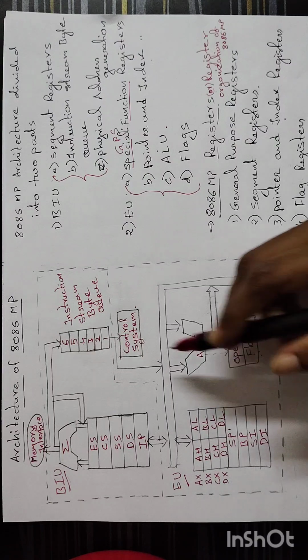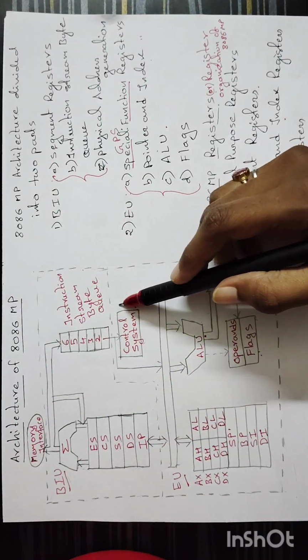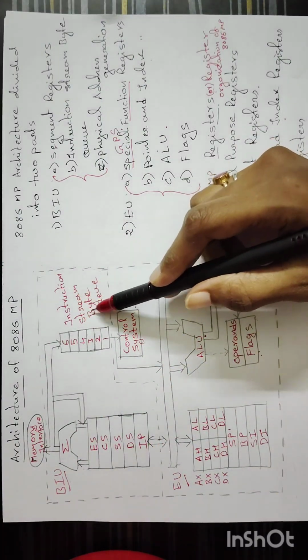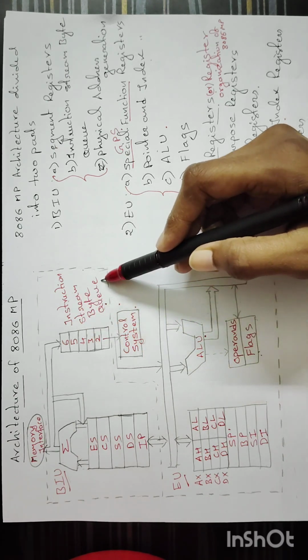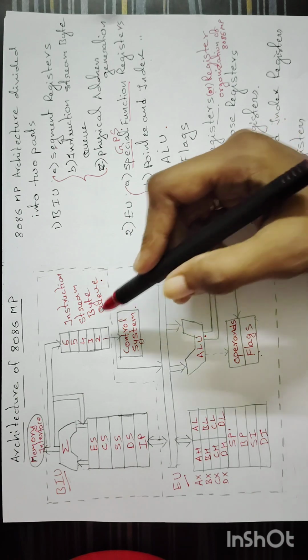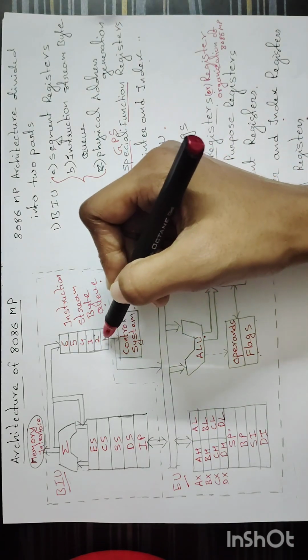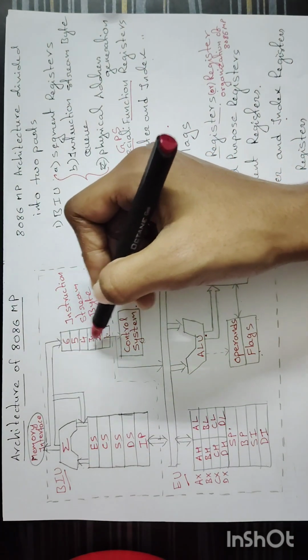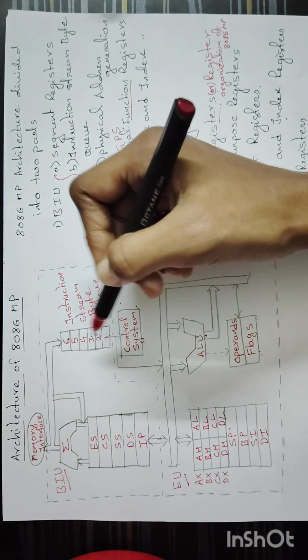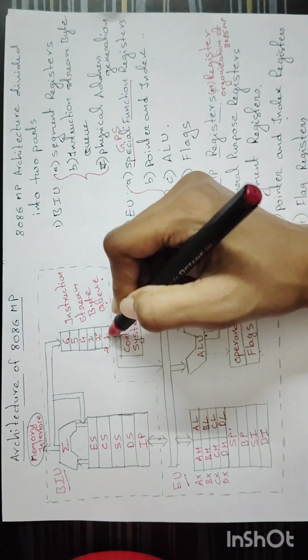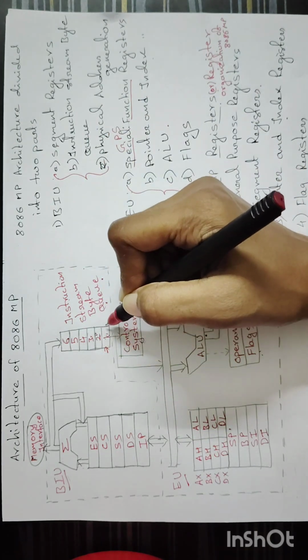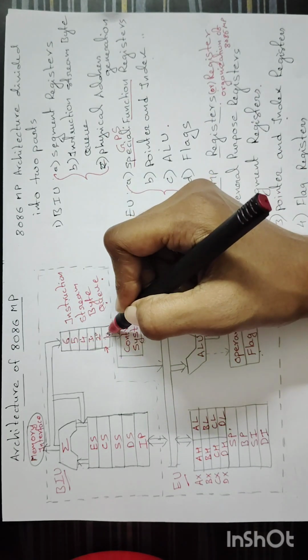Now let us see the bus interface unit. Here is the instruction stream byte queue first. There are 6 places here, and each is one byte, that means 6 bytes of instructions.